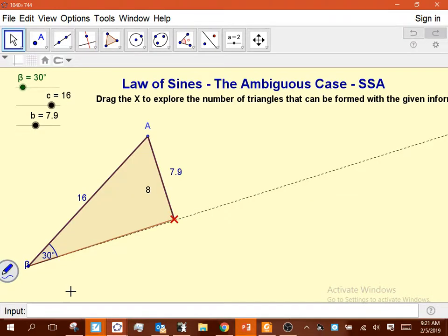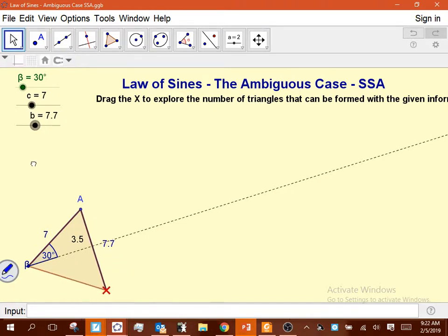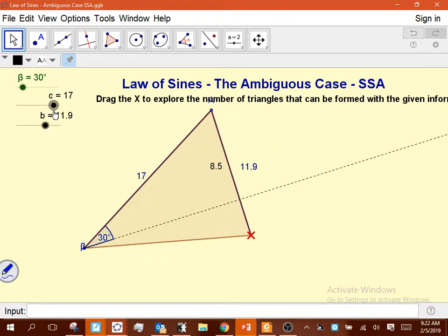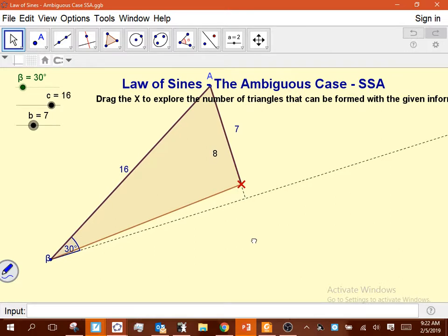What's it telling us about the ambiguous case? If I've got an angle that was 30 degrees, I've got a side length opposite it that was 7, right? And the other side length was 16. This one's got to be 16, right? Yeah, opposite was 7. So I've got to use that dotted line. That's part of the 30-degree angle, right? That's a ray for that 30-degree angle.